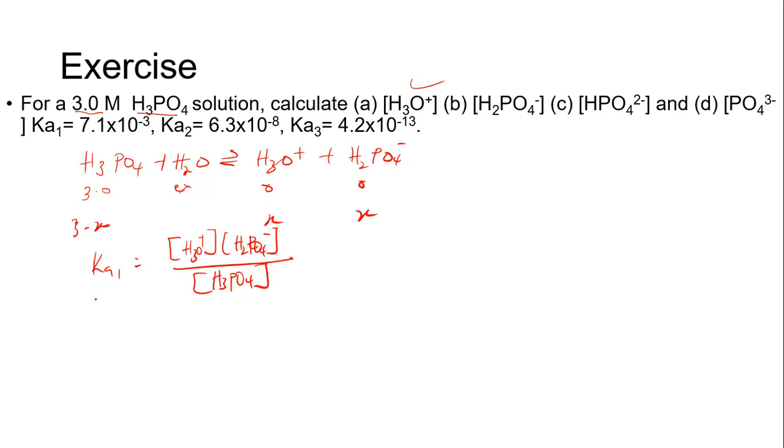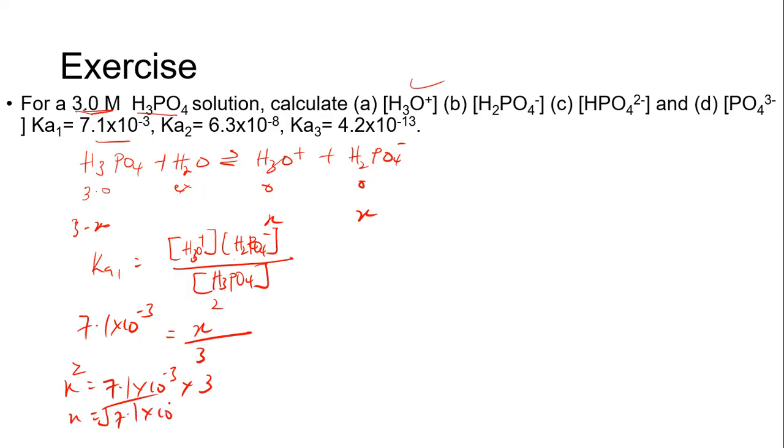So the KA1 will be 7.1 times 10 raised to the power negative 3, as the question has stated here, is equal to x times x, that will give me x squared, all over the acid itself, 3. Then I'll have x squared being equal to 7.1 times 10 raised to the power negative 3 times 3. Good. Then I will have x being equal to the square root of 7.1 times 10 raised to the power negative 3 multiplying 3.